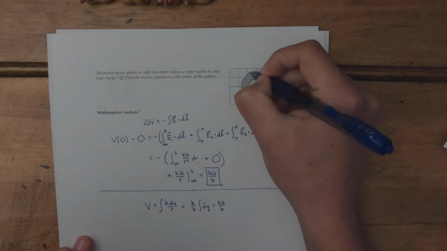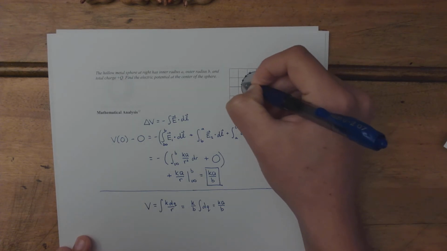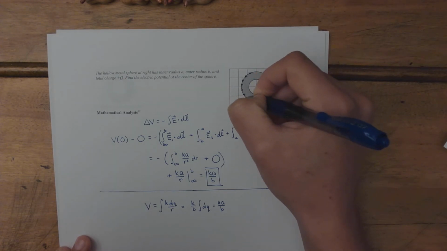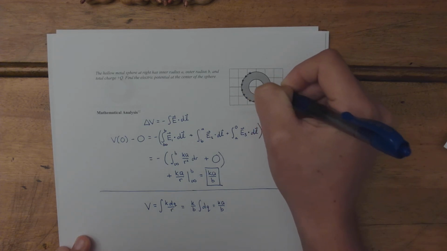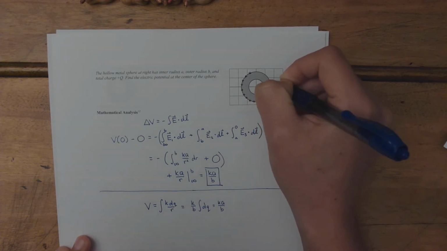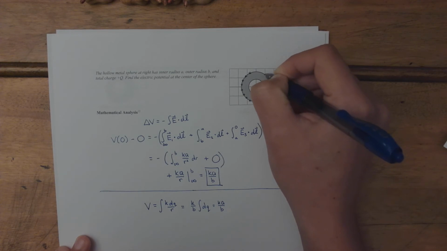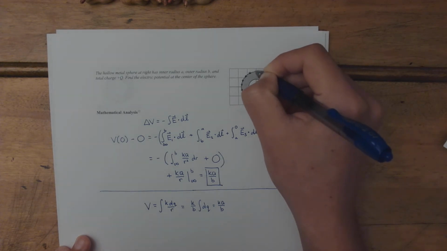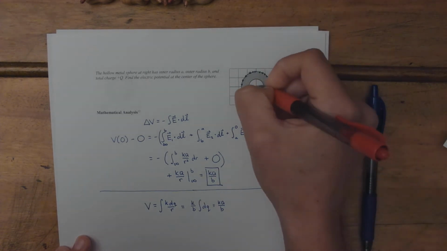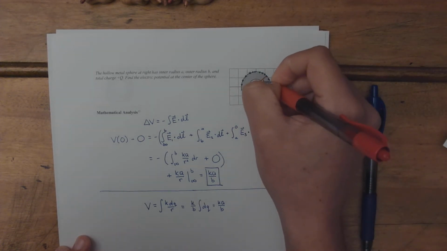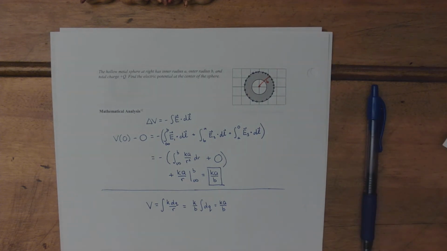So all of the charge is on the surface of the sphere. Remember, it's a three-dimensional sphere. But if the charge is on the surface, then all of the charge you have is a distance b away from our point of interest, which is at the origin. So that distance is b.